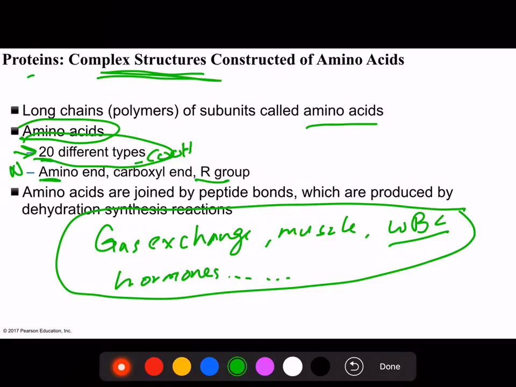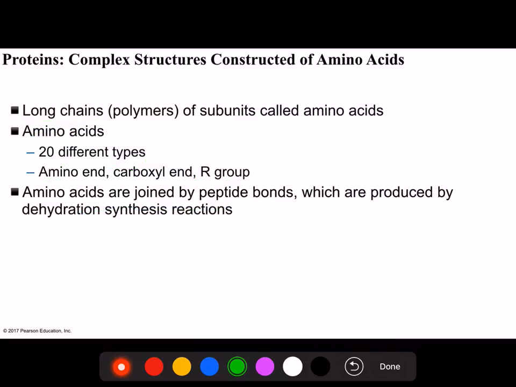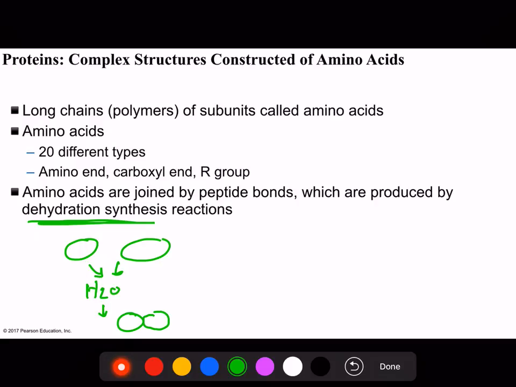Now, when these amino acids join together, as we saw earlier, by dehydration synthesis reaction, two amino acids will have H2O taken out of them, and we will get a dipeptide.